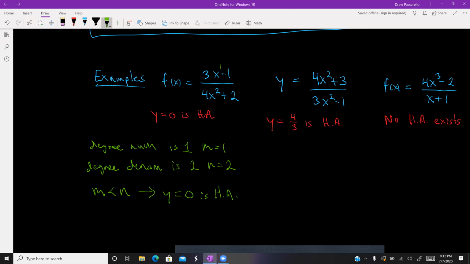Okay, for the second one, you'll see that the exponents are the same degrees, 2 and 2. So m is 2, n is 2. So it's the coefficient of the leading terms, 4 divided by 3.